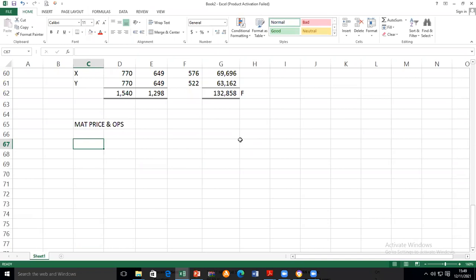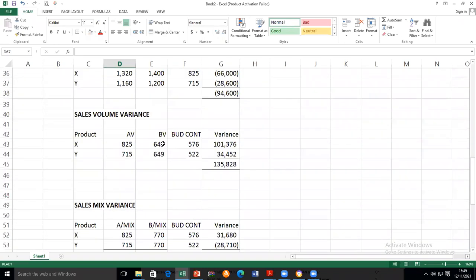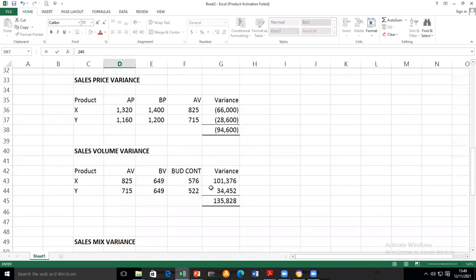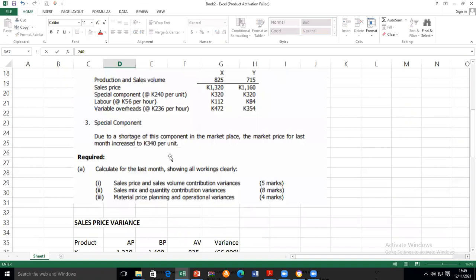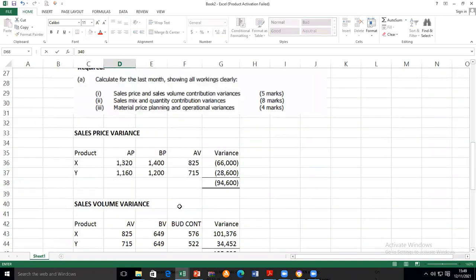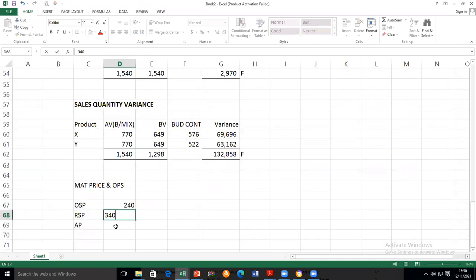Original standard price, revised standard price, the actual price. What was the original standard price? 240. Revised, you must revise to what? 340. And the actual? 240. Oh, interesting.